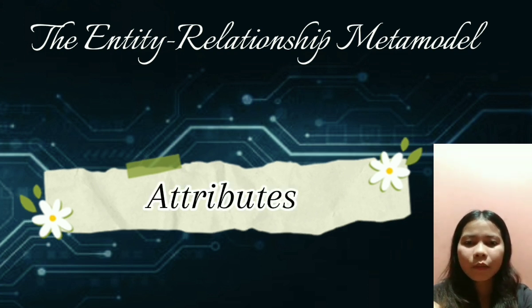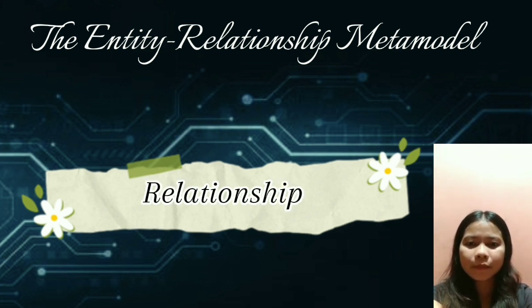Attributes describe a property or characteristic of an entity. Attributes provide details about entities and contribute to their definition. Examples include name, age, or address. Relationships describe how entities are related to each other.